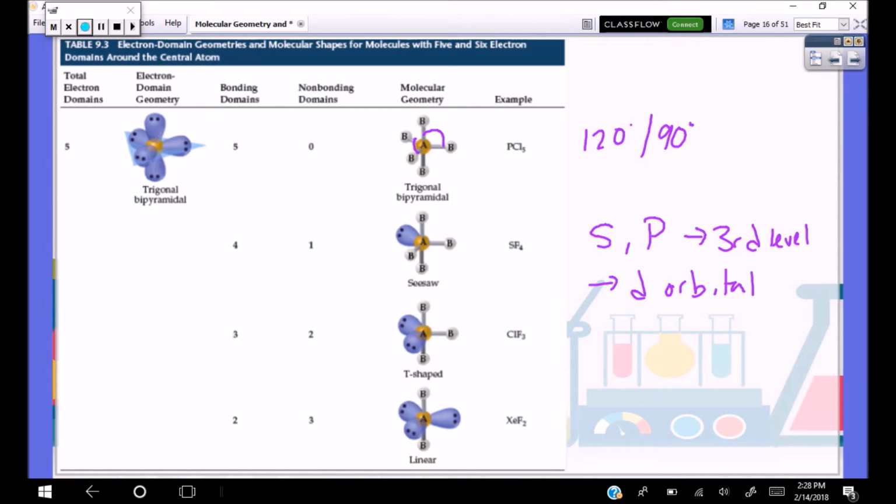What you end up getting, we know those bonds are going to be very polar because sulfur and phosphorus aren't very electronegative. You're going to end up getting polar bonds that pull towards the outside of the molecule all the way around. And what that does, in effect, makes sulfur and phosphorus electron deficient due to the polarity of the bond. There's a bunch of partial positives.